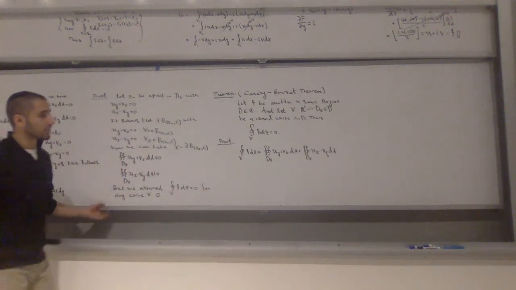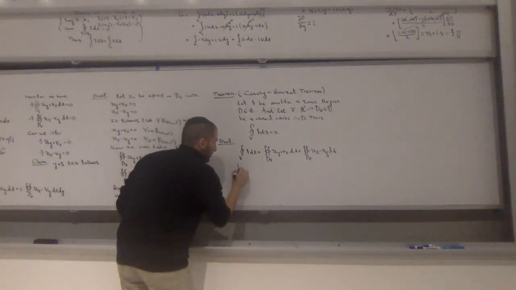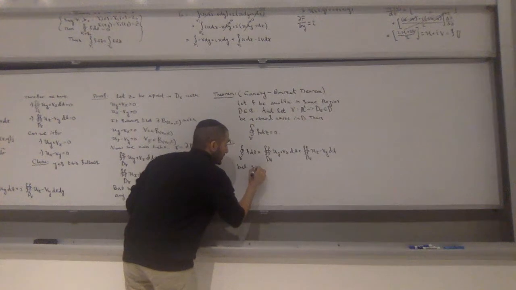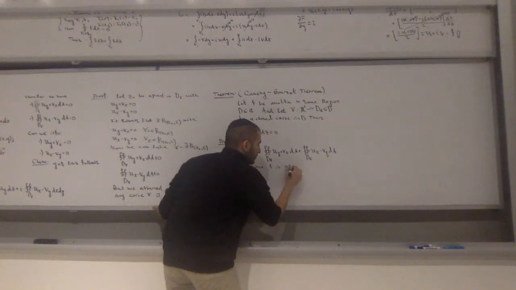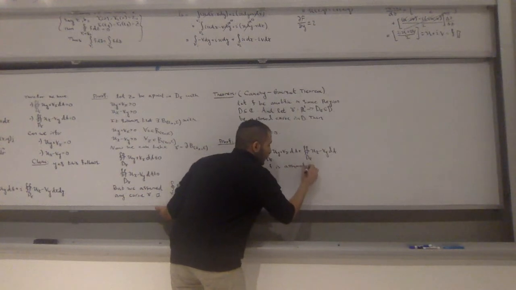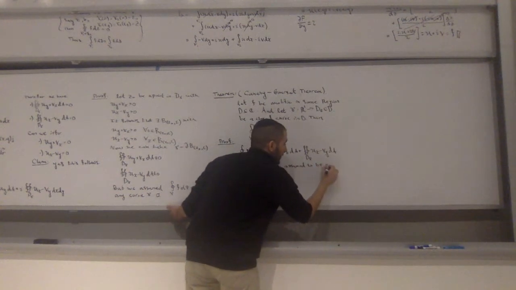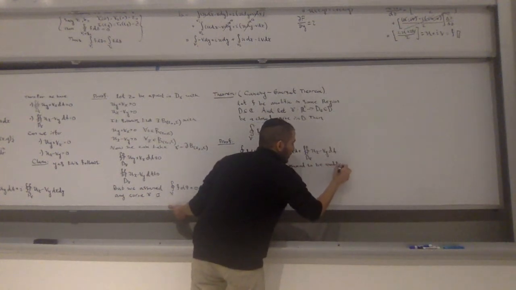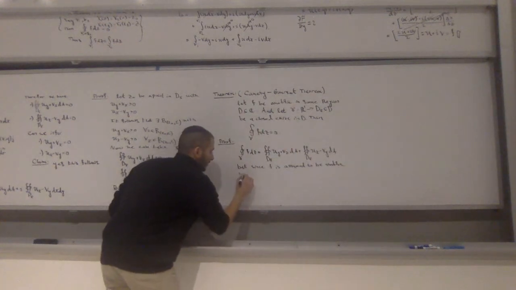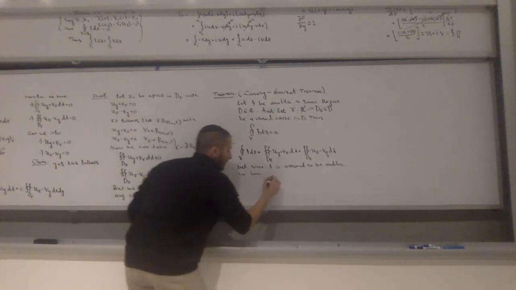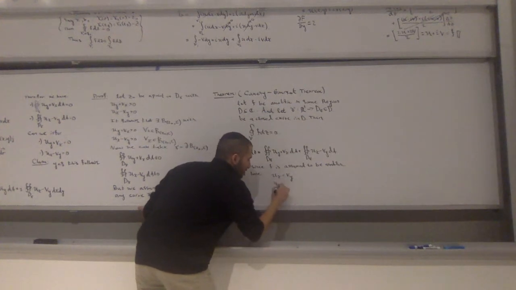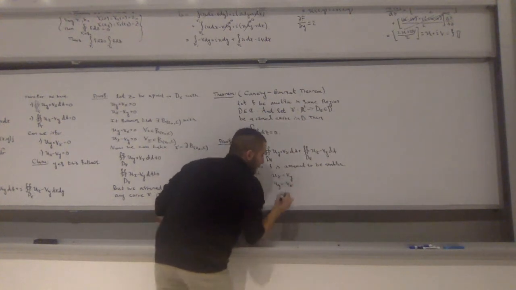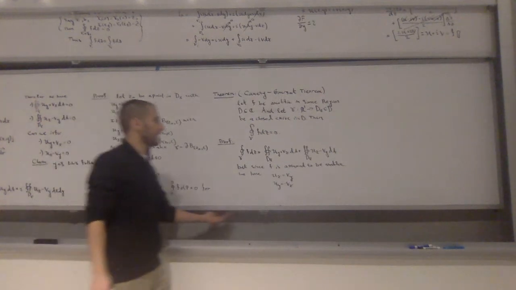But since f is assumed to be analytic, we have that u sub x equals v sub y, and u sub y equals minus v sub x. Okay?